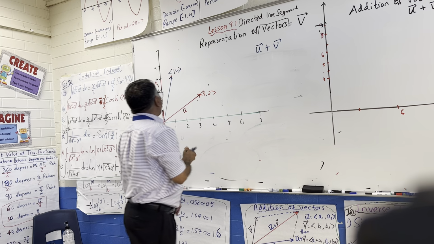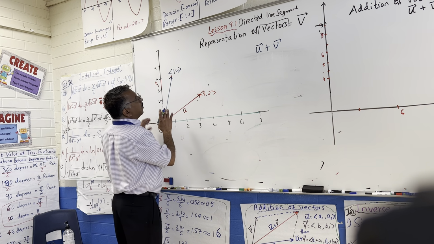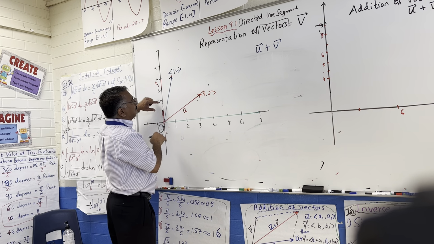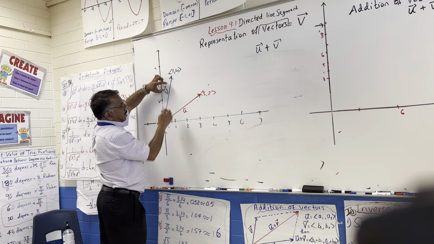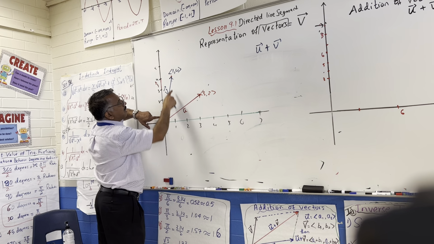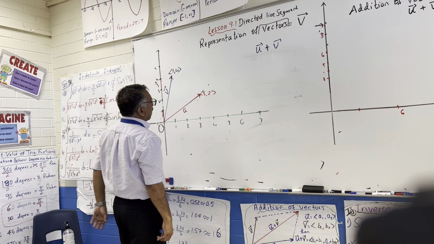What that means is, the definition says, if I want to find the new vector, this vector is u bar and this one is vector v bar. So what is u bar plus v bar? Basically, the definition is: the horizontal component of this vector is 1, and the horizontal component of this vector is 3.